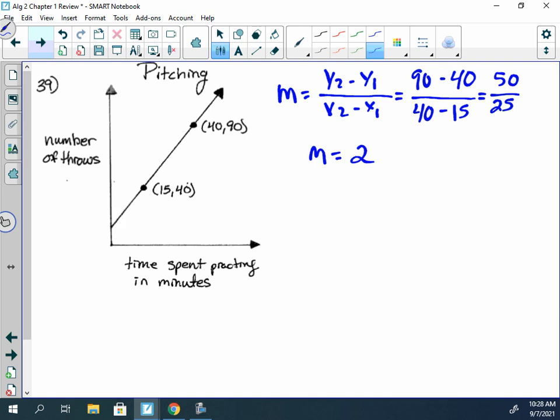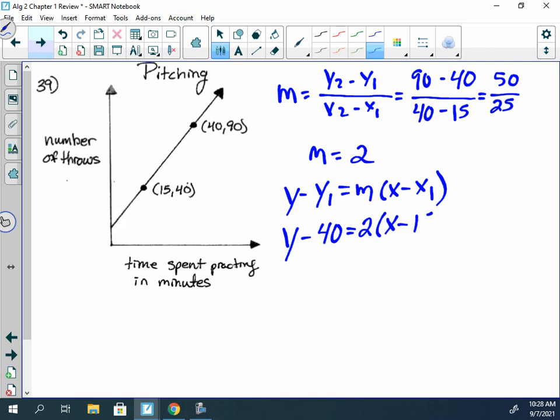Now they didn't give us the y-intercept, but we can use our point-slope equation. Y minus, well, it doesn't matter which point we pick because they will give us the same thing. y minus 40 is equal to 2 times x minus 15. I'm just plugging one of the points in.